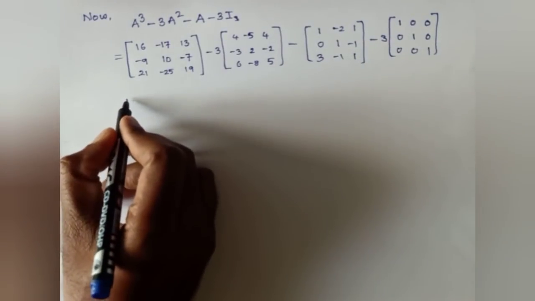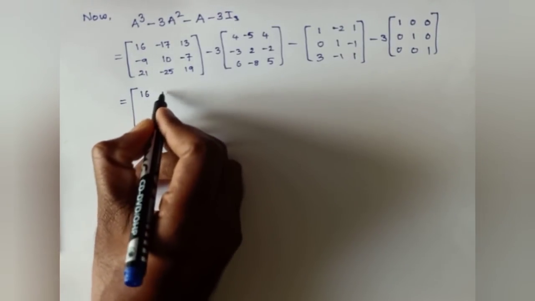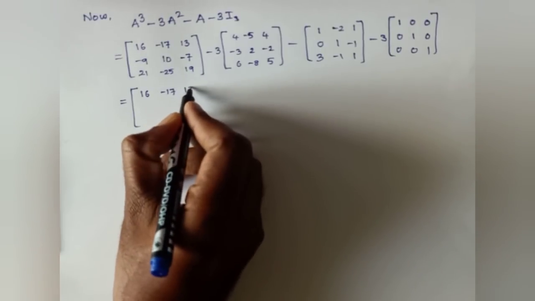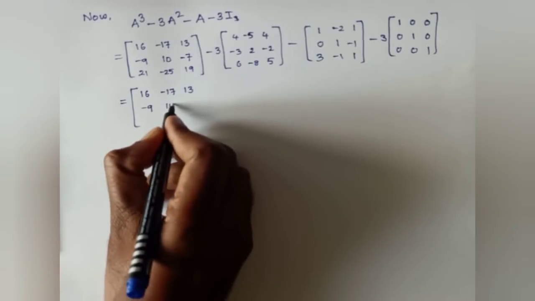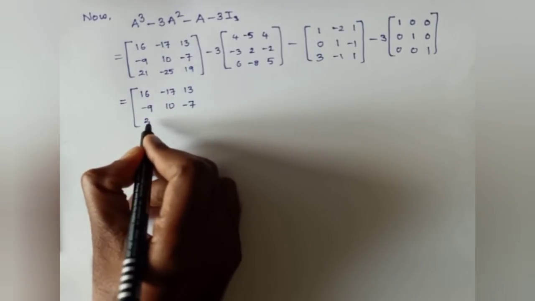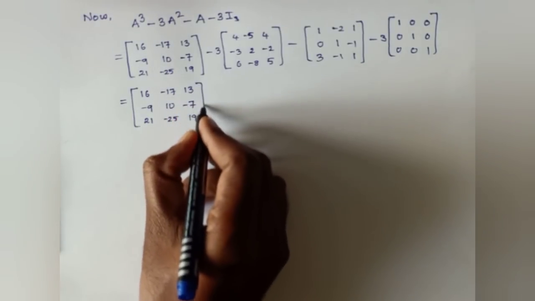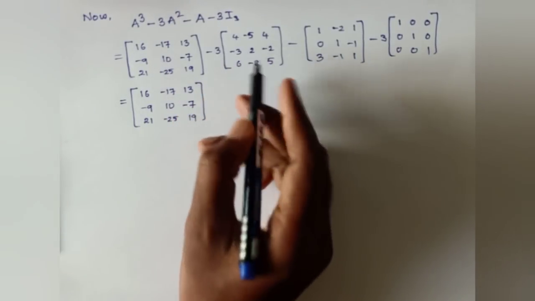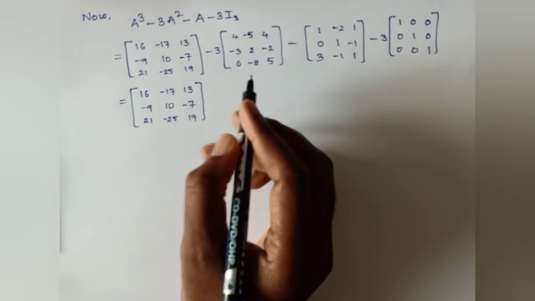Now, this is 16 minus 17, 13 and minus 9, 10 minus 7, 21 minus 25, 19. Here it is a scalar multiplication, so you need to multiply each and every element of this matrix with 3.